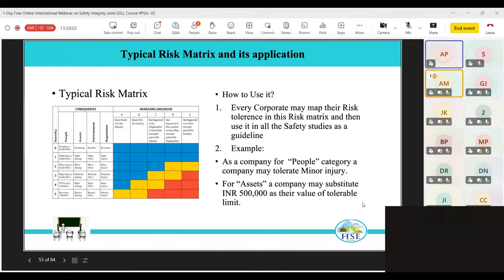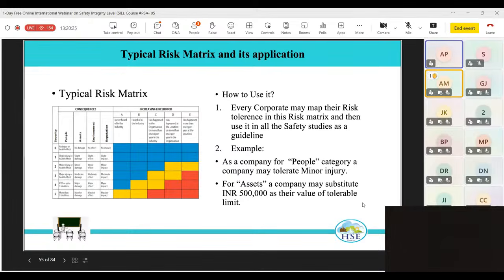Consequence is shown on the x-axis and frequency on the y-axis. Just by frequency and consequence, you do not understand how to calibrate it.